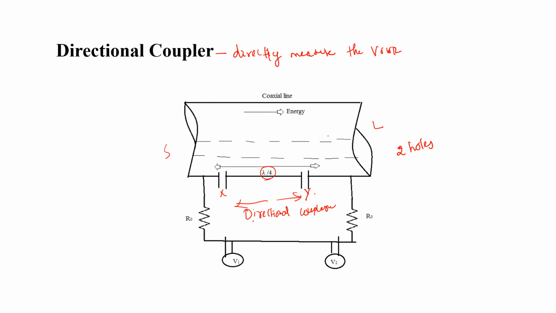Now the part of the energy which is moving towards the right, we are naming it as incident voltage VI. So VI is the incident voltage, and this is moving towards the right.